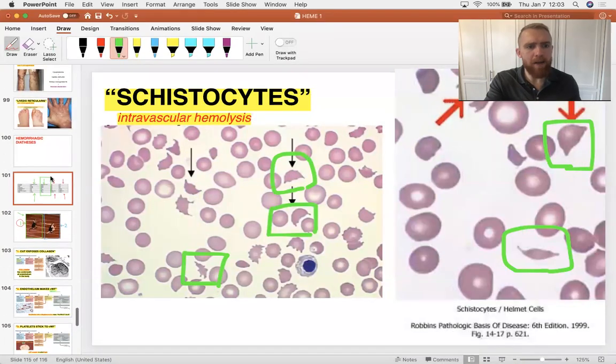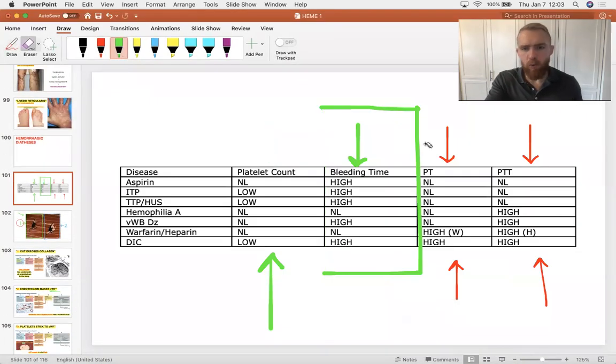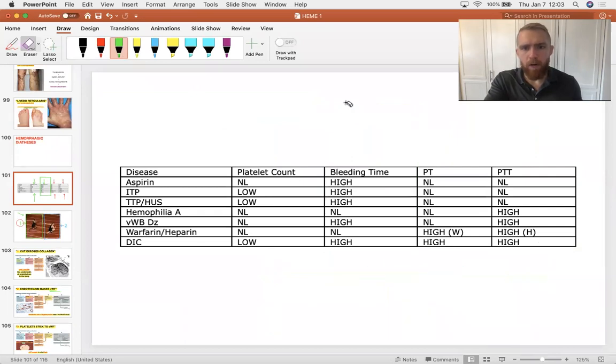Now, going back to this one table here, notice that DIC has involvement of all these pathways that we've talked about so far, which is why it's at the end of this SDL. You've got a low platelet count and a prolonged bleeding time because you are consuming platelets.